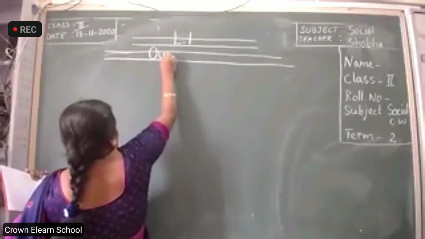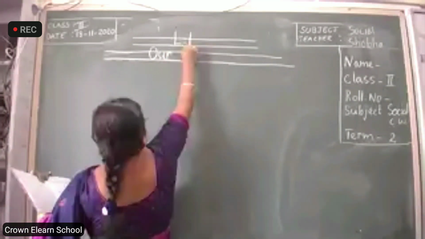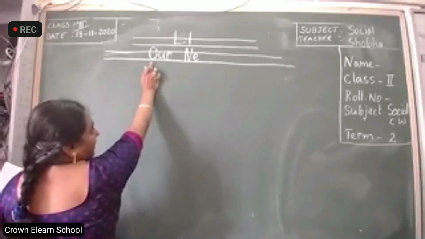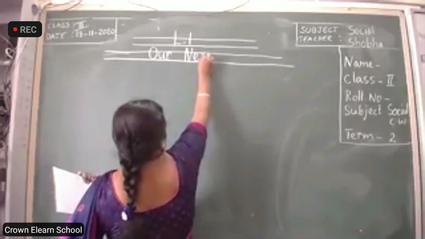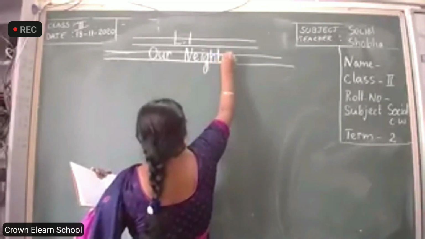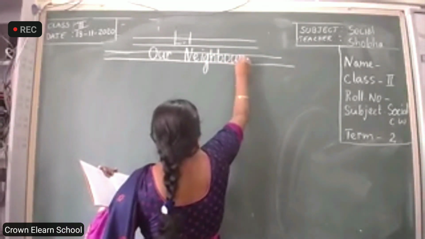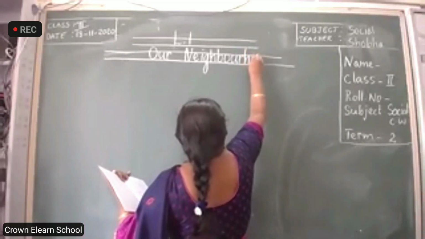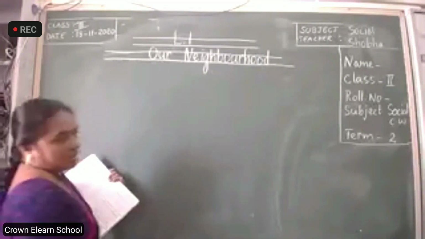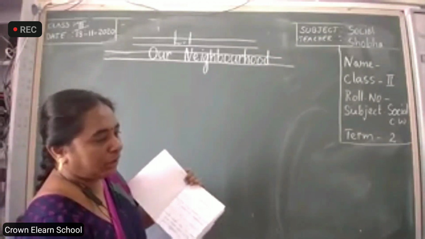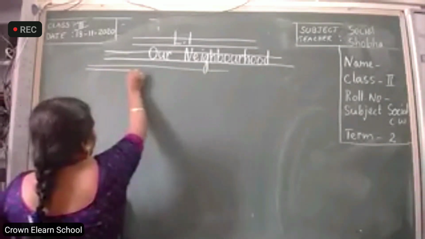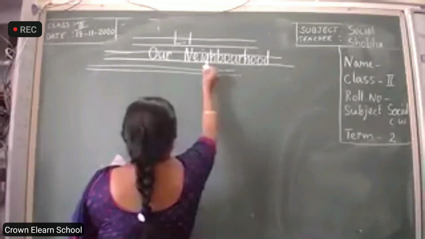Our Neighbourhood, with O capital and N capital. This is the name of the lesson, our neighborhood. After this, leave a line.